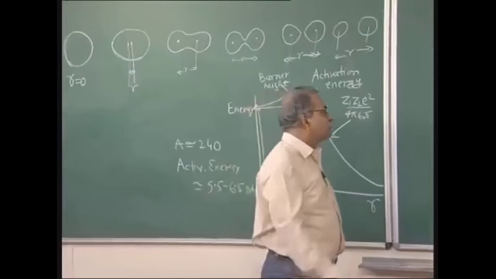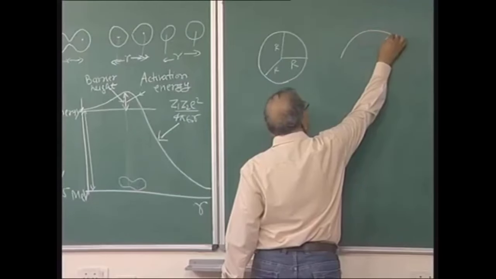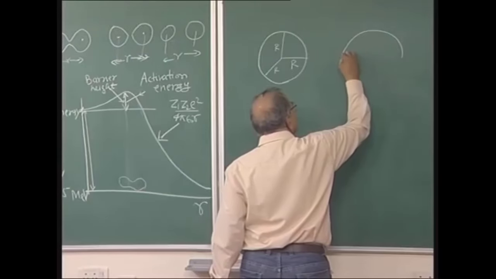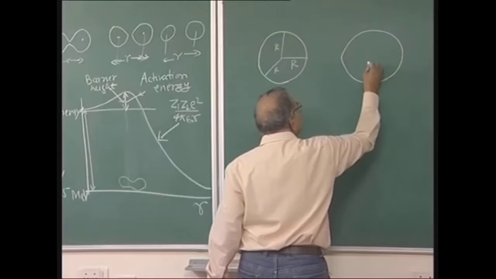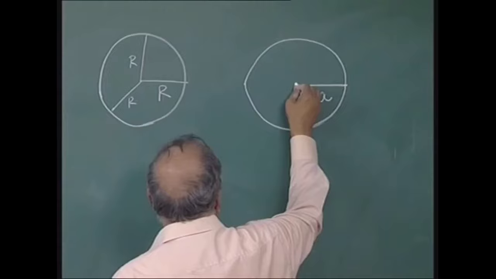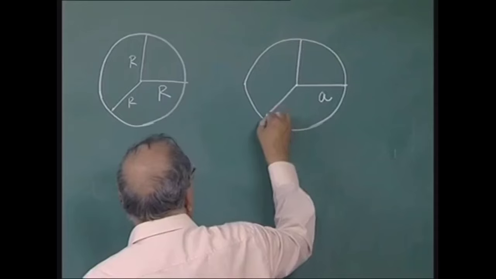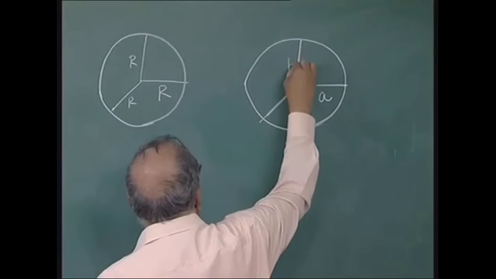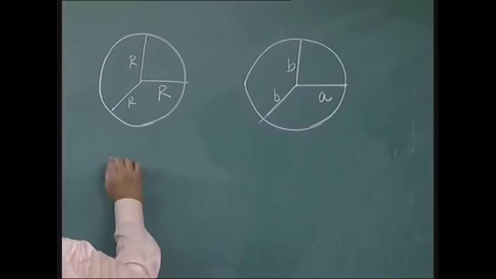So, if you deform it here and it takes a prolate type of ellipsoid shape, then this radius is larger and these radii are smaller. The drawing does not suggest that, but it does not matter. This is b and this is b, and the volume should be the same.